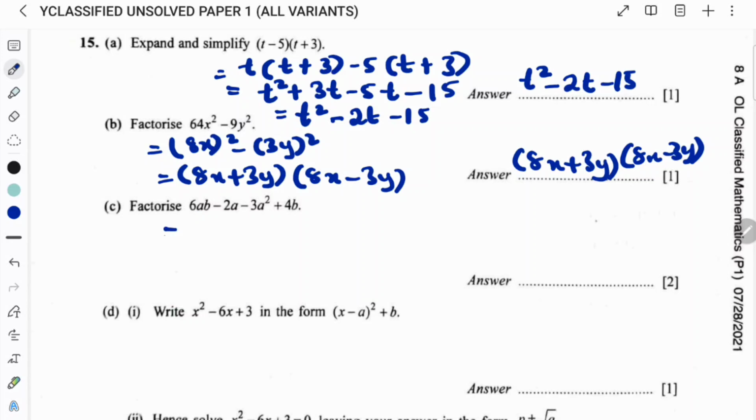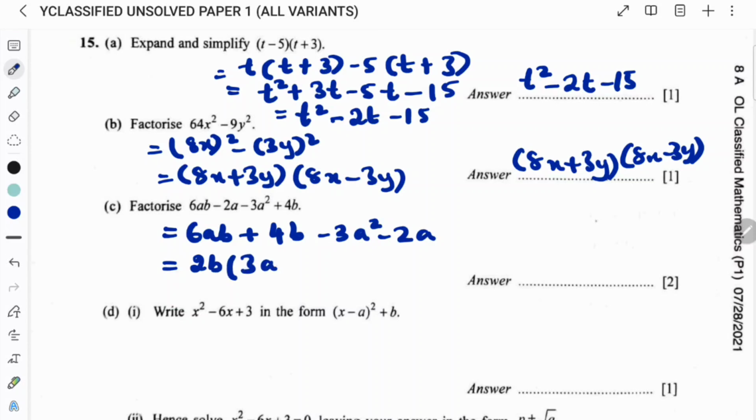Okay, so just rearrange the question 6ab, and then just write down with 4b. Then you can write down 3a square and then minus 2a. Now just check. So this is 2b common, and then we'll have 3a plus 2 left, and minus sign here, and then only a common.